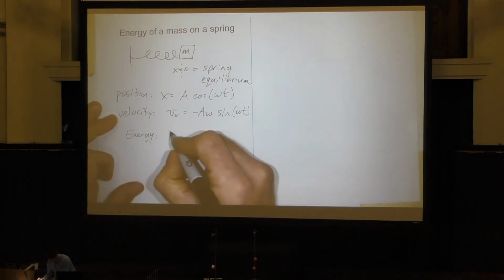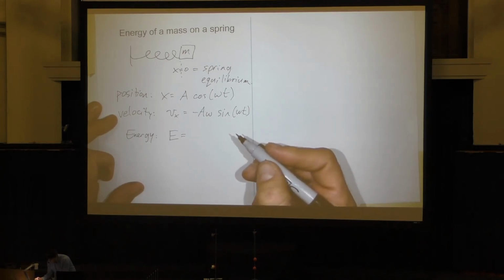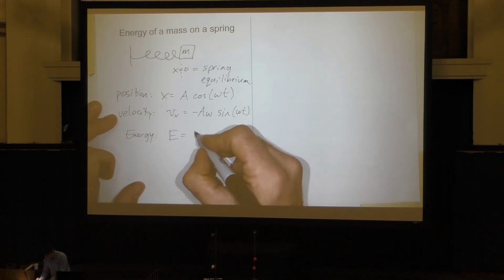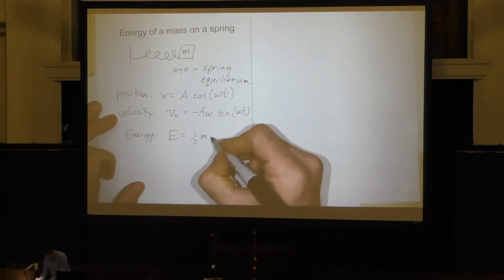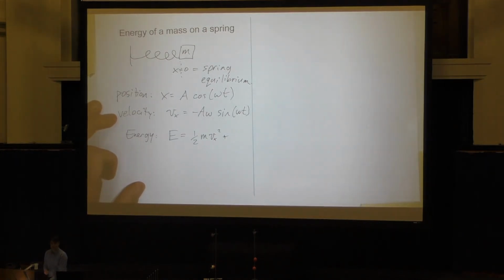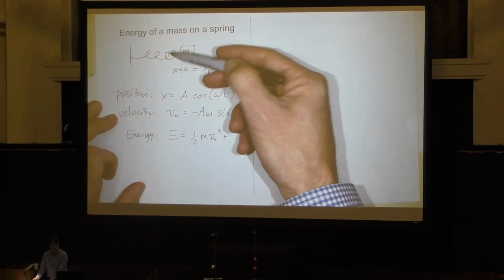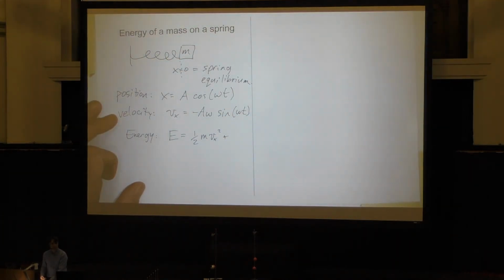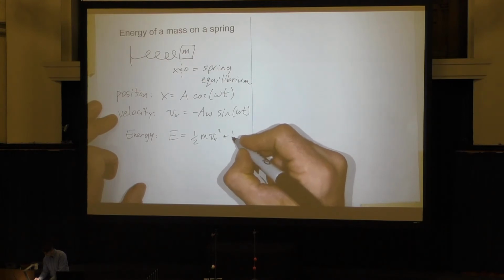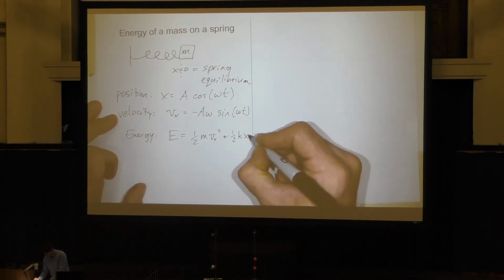We're going to say the total energy is equal to the kinetic energy of the mass, 1/2 m v sub x squared, plus, is there any other form of energy in this? 1/2 k x squared. The spring itself stores energy. And it stores energy such that if the spring is at equilibrium, there's no potential energy in the spring. It can't do anything. But if it's stretched or compressed, you get 1/2 k times x squared.